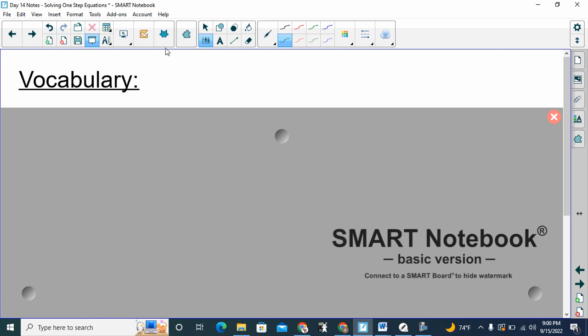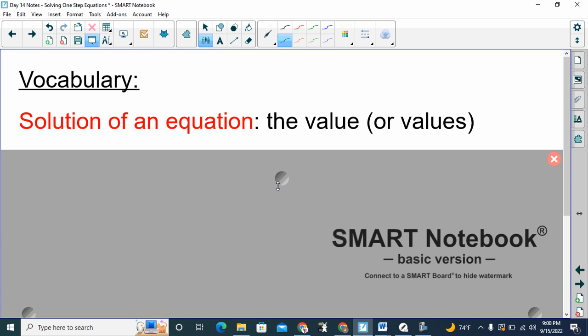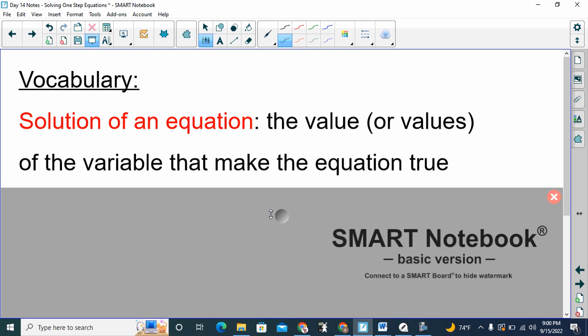A little bit of vocabulary here before we get into solving one-step equations. The first is the solution of an equation. We actually just defined that, so if you just wrote it down from the last slide, you don't need to write it down again. But it is the value or values, we could have more than one solution, of the variable that make the equation true.